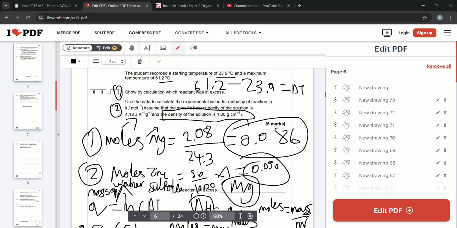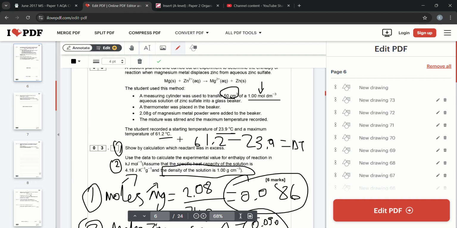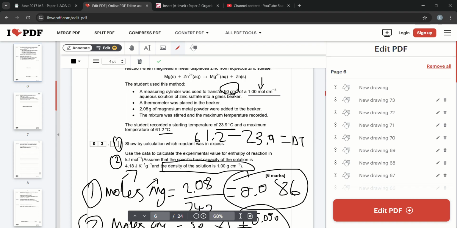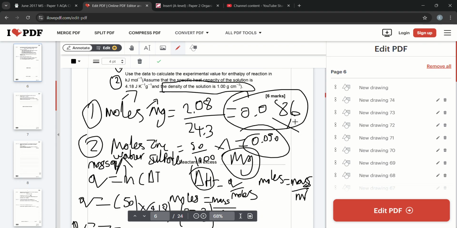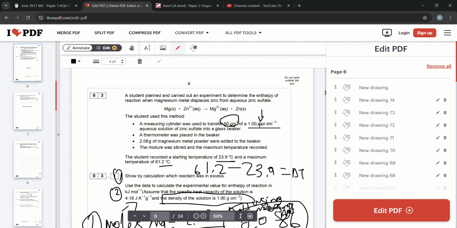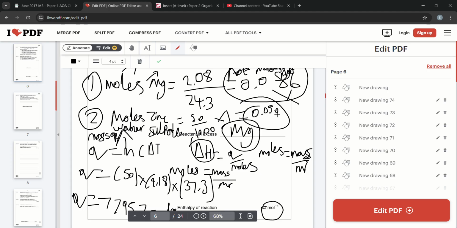We know that the magnesium is in excess, therefore we're not going to use the moles of magnesium. What we're going to use instead is the moles of zinc sulfate, because that is not in excess, that is the actual number of moles, whereas magnesium is in excess.